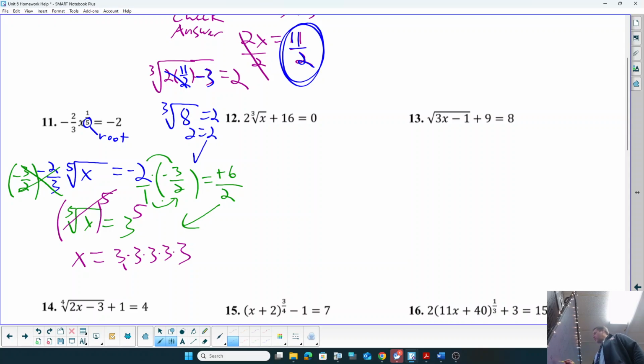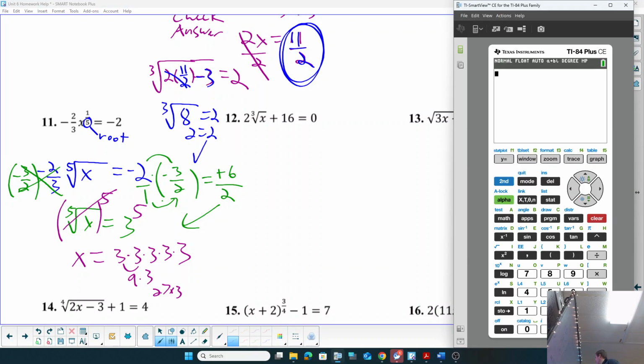So 3 times 3 is 9, times 3 is 27, times 3 is 81, times 3 is 243.